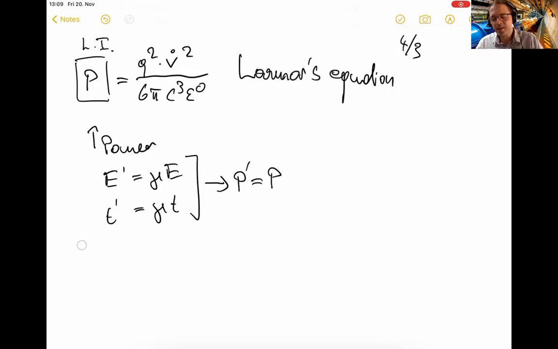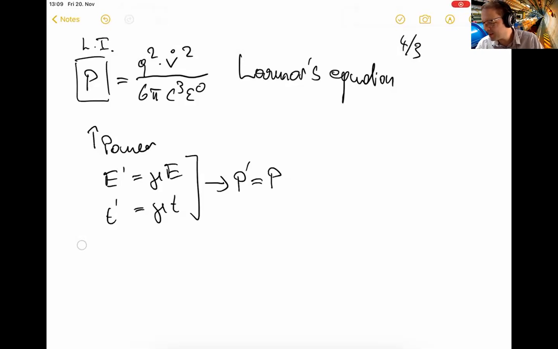We just don't see it, because we use v dot, which is not manifestly Lorentz invariant. But we can make it Lorentz invariant just by using the covariant form of the acceleration. And that's the whole trick.